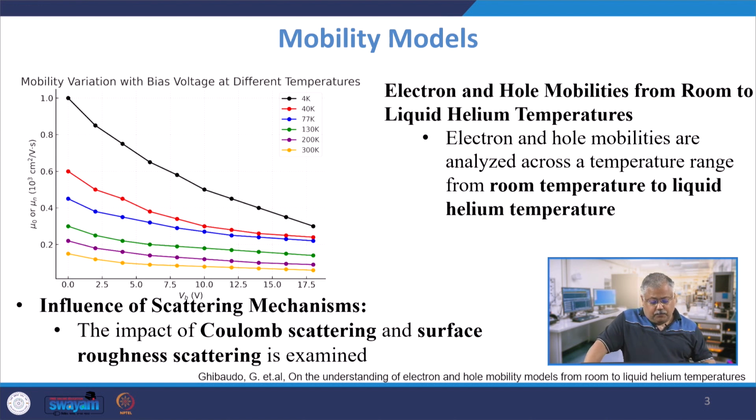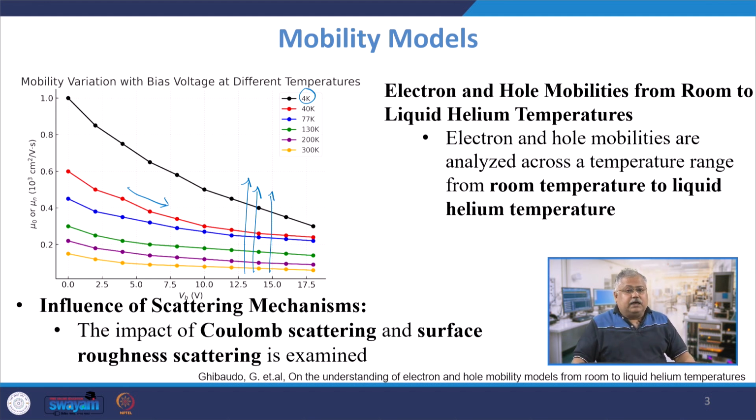As the electric field goes on increasing, you see the mobility goes on decreasing. Very true, because as the electric field increases, the electrons are dragged more toward the silicon dioxide interface, so the scattering will be heavy and therefore the mobility reduces. Interesting point: as the temperature goes on reducing, the mobility becomes larger and larger. As the temperature reduces, the scattering phenomena reduce, and for the same value of applied potential bias, I get a much larger mobility.